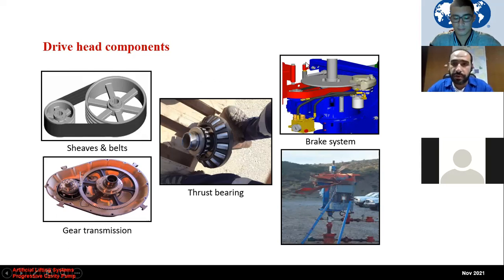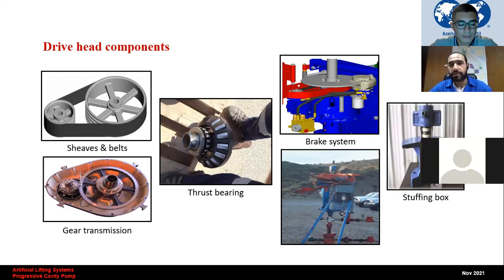The one in the photo is a caliper disc brake system. Actually, it's the same as the one used in cars. It is also, we can say, the most commonly used system. All will have the same function, to control the speed of the backspin during shutdown.